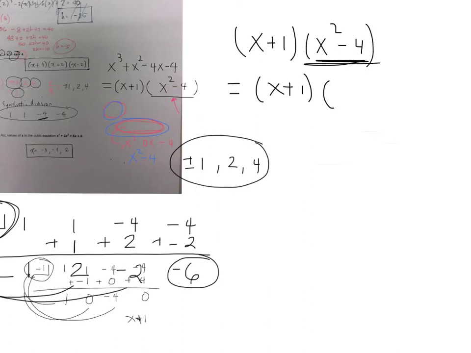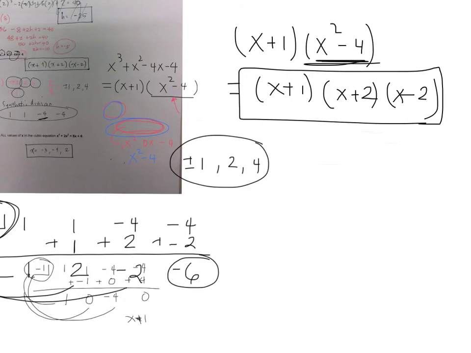This is a difference of two squares. So we have x and x, 2 and 2, plus and minus. So this is the factored form of the expression. Okay, so take note, we just want to factorize it, so you have to write it in a factored form. Okay, so I hope that is clear. Okay, so that's it.